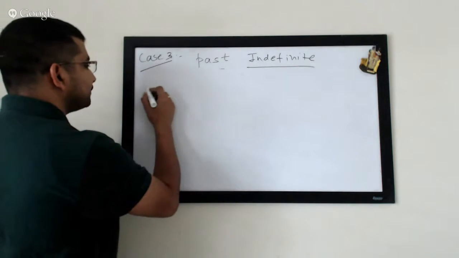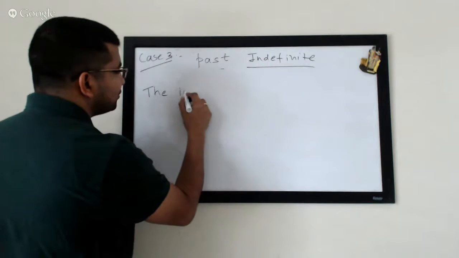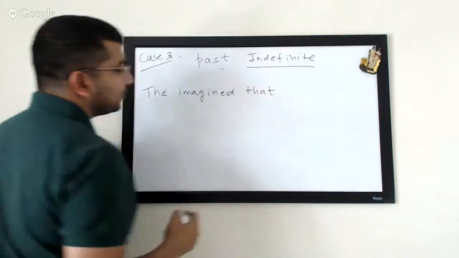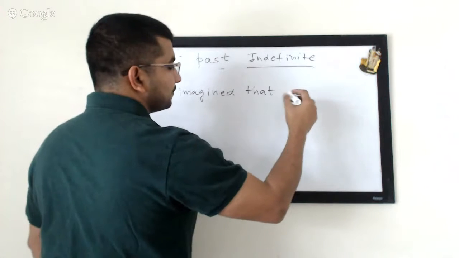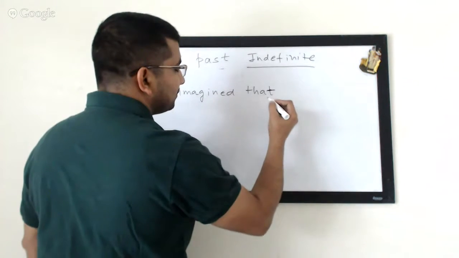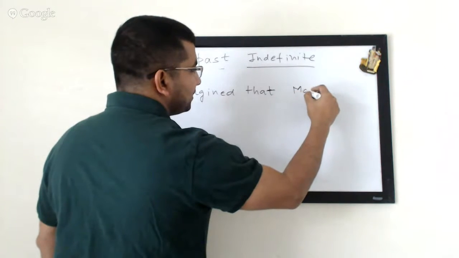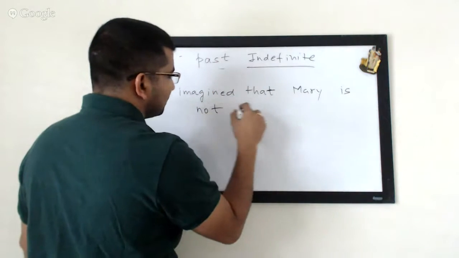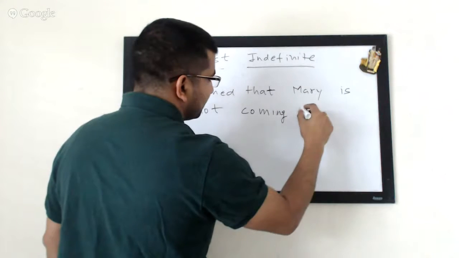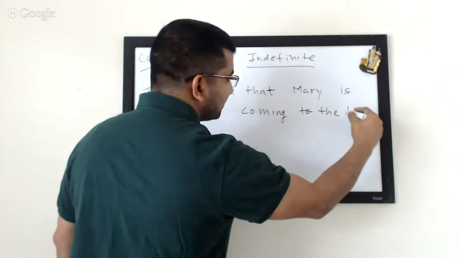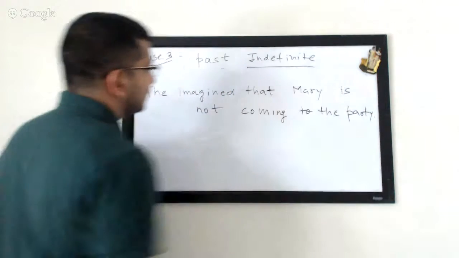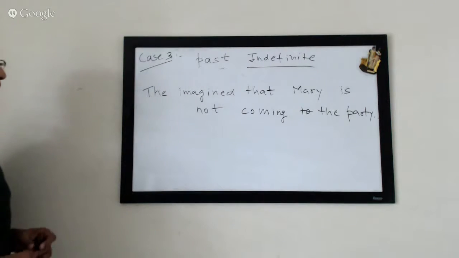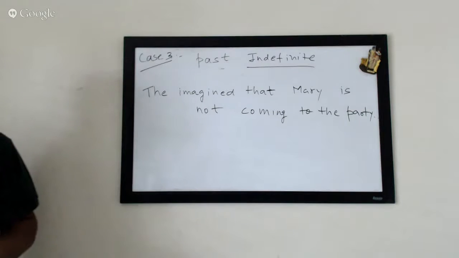So they imagined that, let's say Mary is not coming to the party. So I'll give you some time to break it down and write down the entire sentence in Hindi.